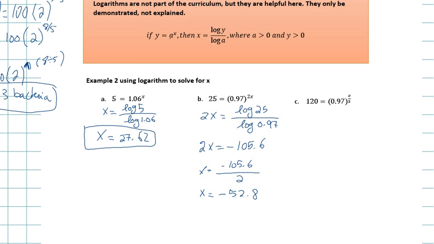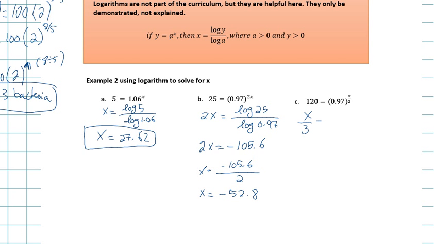Okay, try the next one. For this one, x over 3 equals log of 120 over log of 0.97.